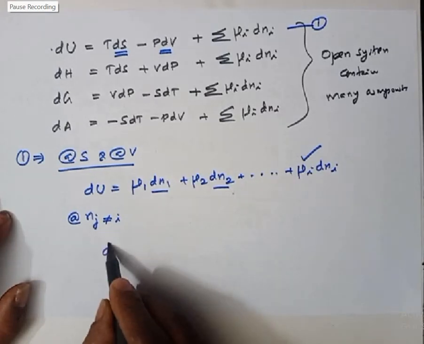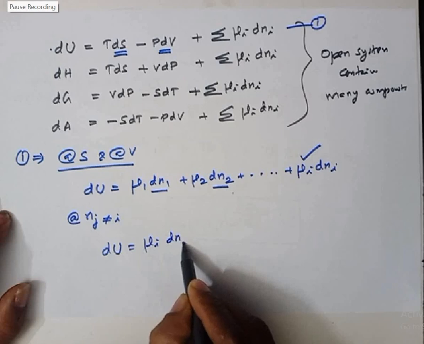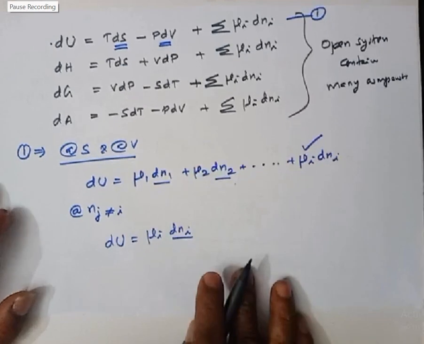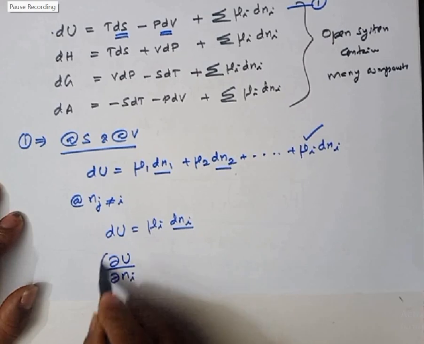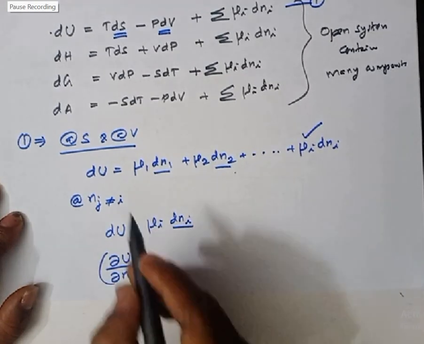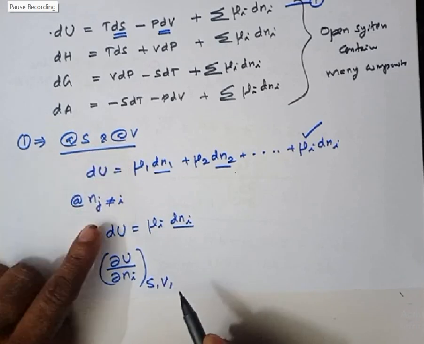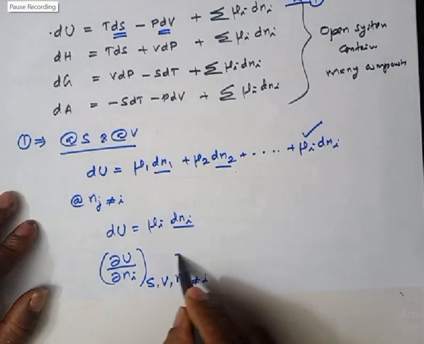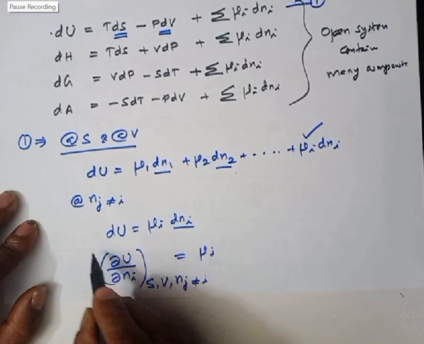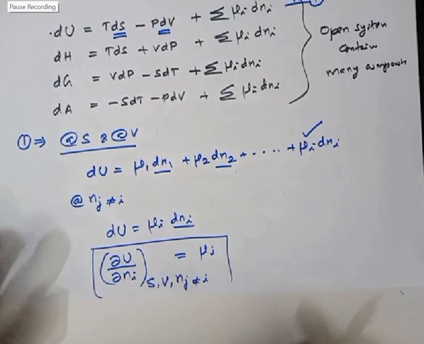So what we get is du is equal to mu i into dni. Bring this dni to the left hand side. So I can write dou u by dou ni, keeping entropy constant, volume constant, and number of moles of all the components constant except the ith component. This is nothing but the chemical potential of the ith component. Take note. This is chemical potential in terms of internal energy.